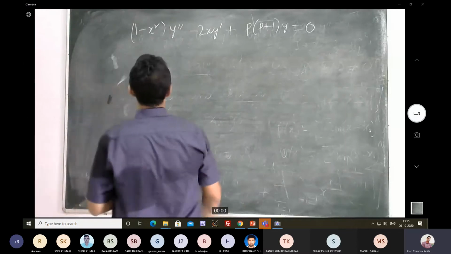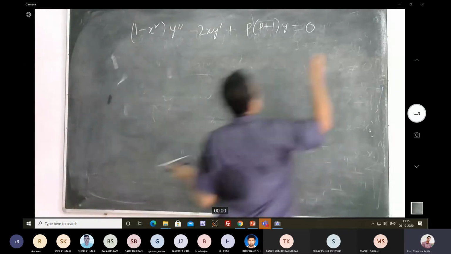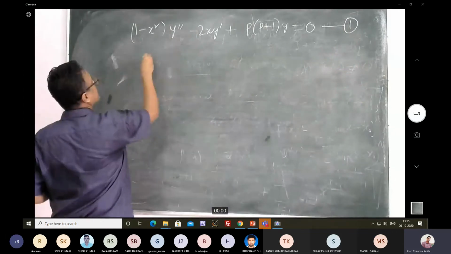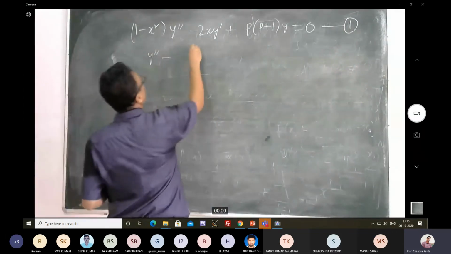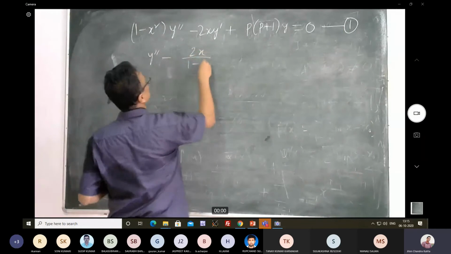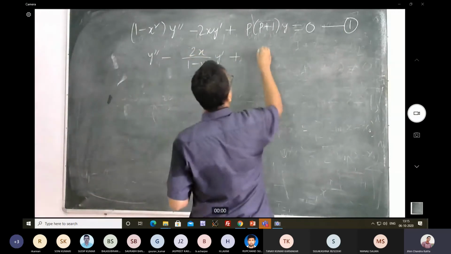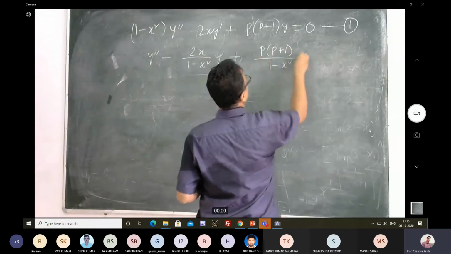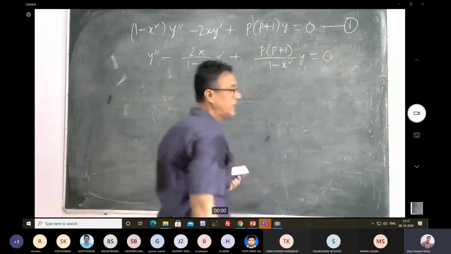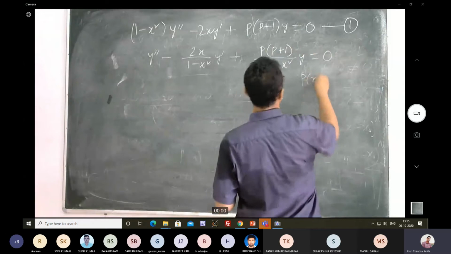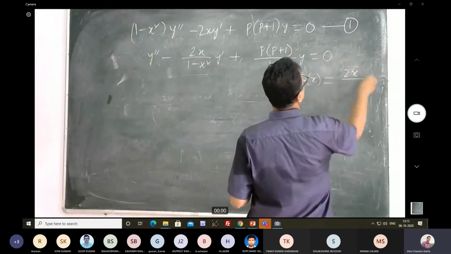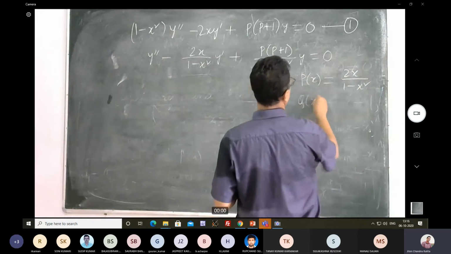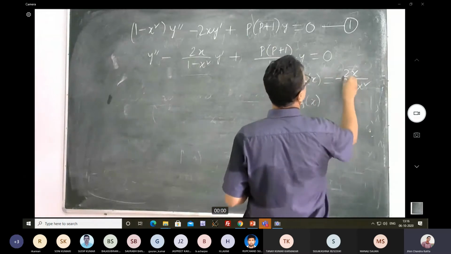Okay, so now let me call it 1. And if I reduce it to normal form, this is going to give me p(x) equal to, and q(x) equal to minus 1.